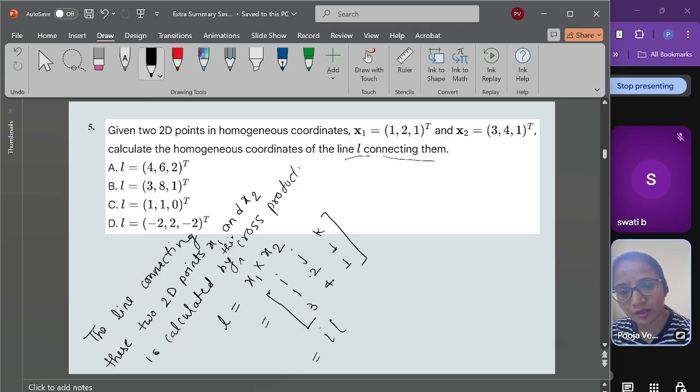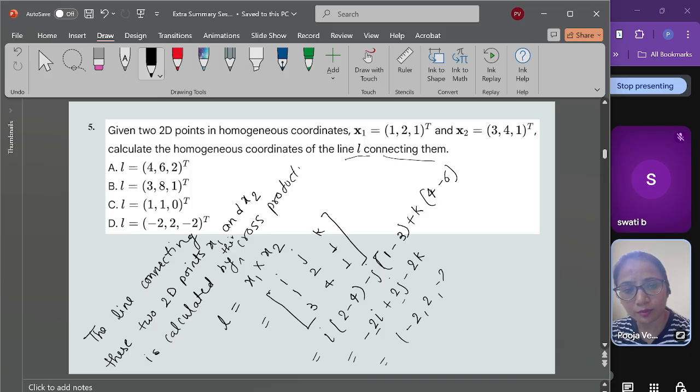Calculate it: i times (2 minus 4), minus j times (1 minus 3), plus k times (4 minus 6). So here we will get minus 2i plus 2j minus 2k. Overall, you will get the point (-2, 2, -2), and you can write it as a transpose also.